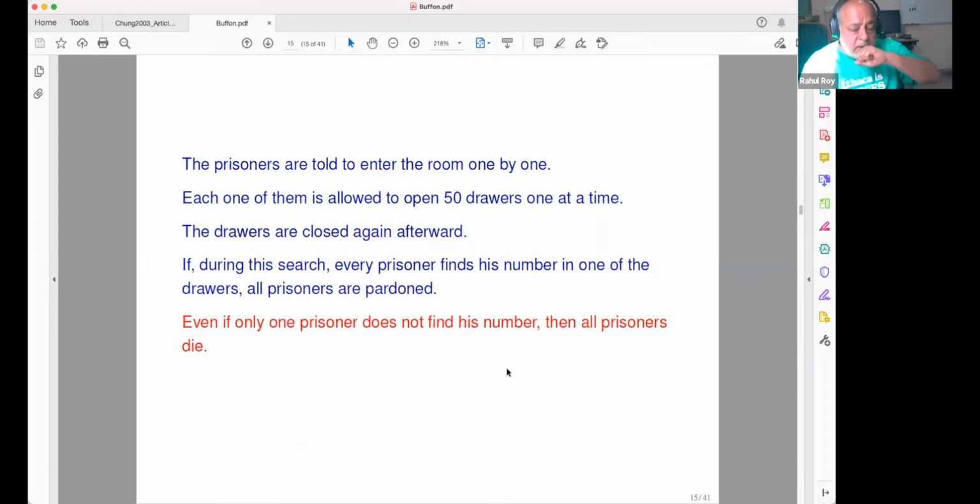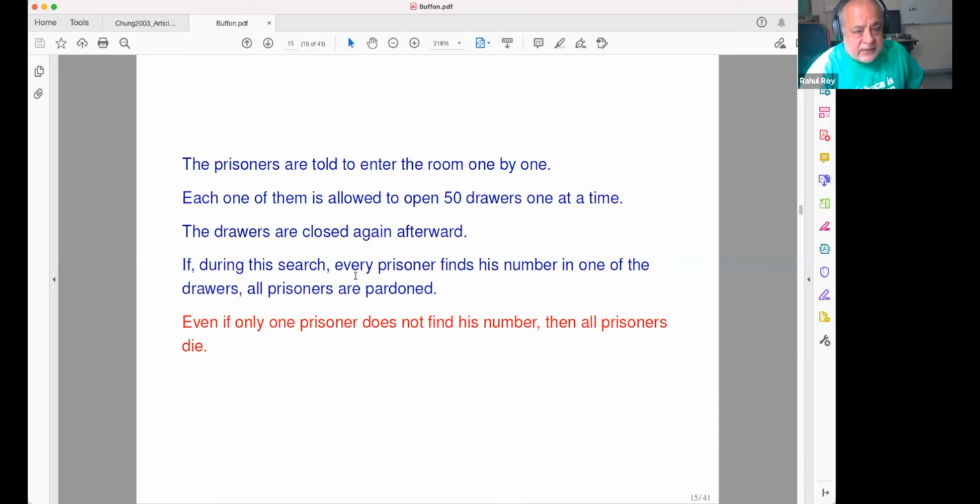And after the prisoner opens a drawer and sees the number, the drawers are closed again, so that when the next prisoner comes, the numbers are still the same. The drawers still contain the same random numbers, because that is not changed. And so the next prisoner will have the same kind of number system in these drawers.